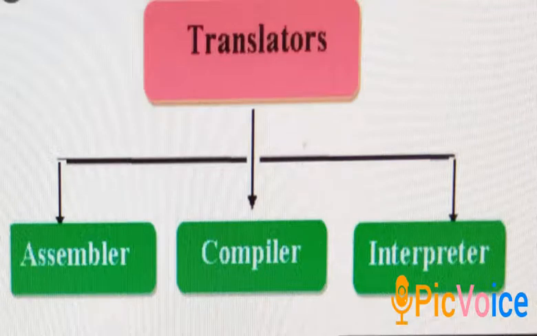My dear students, let us know more about language processor and utility software. Language processor. My dear students, we know software is created by writing programs in computer language, and some popular computer languages are Java, C and C++.